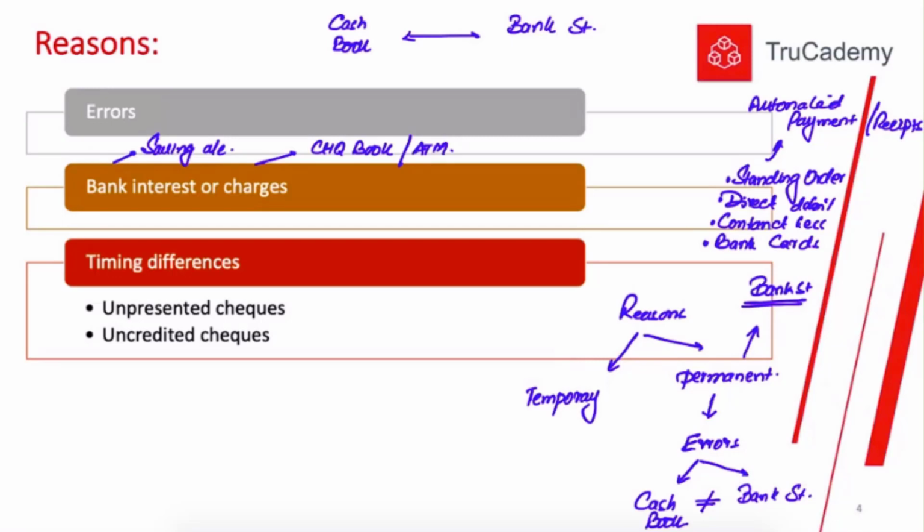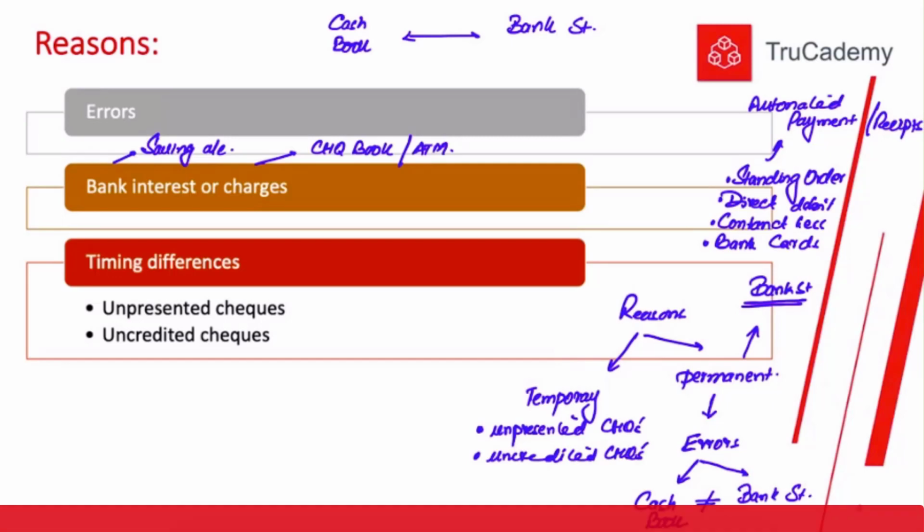Then what are temporary differences? There are two types of temporary differences: unpresented checks or uncredited checks. What are unpresented checks?